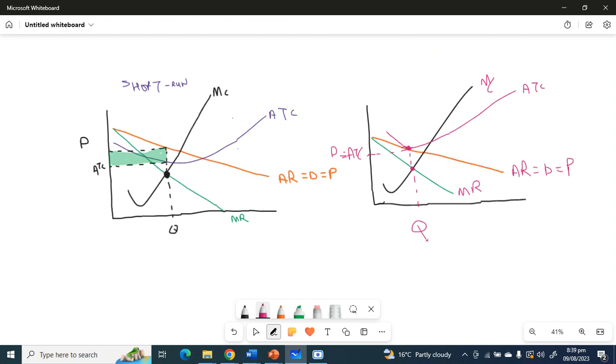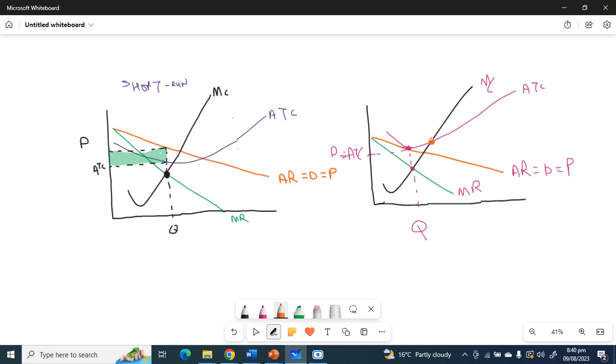So the next thing that we need to check is whether monopolistic competition is allocatively efficient and productively efficient. Productive efficiency occurs where firms are producing at the lowest average total cost. And the lowest average total cost is at the point where the marginal cost intersects with the average total cost, right?